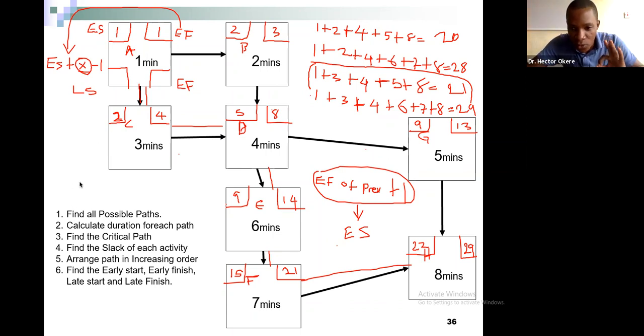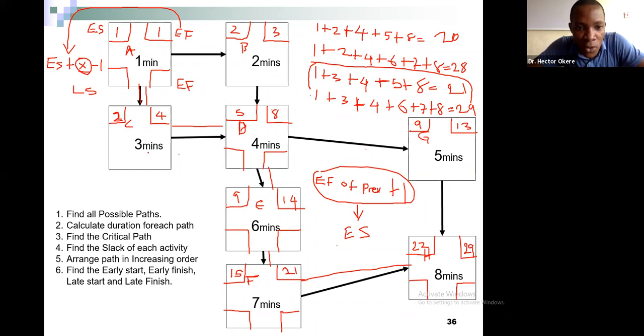It is always 0, right? So your early start and early finish of all the activity on the critical path is the same, because you have absolutely no time to waste on the critical path.